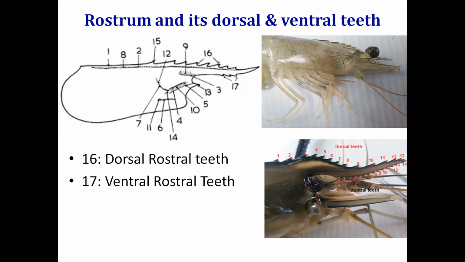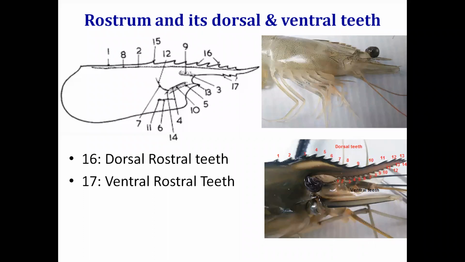Okay, the shape of the rostrum, then the number of serrations on it, and then the position of the serrations. Means the shape of the rostrum, the number of rostral teeth, and the position of the rostral teeth, whether they are on the dorsal surface, the ventral surface, or both.